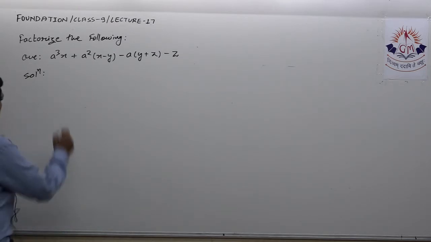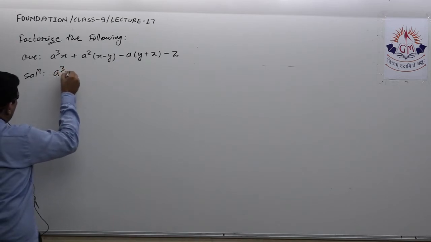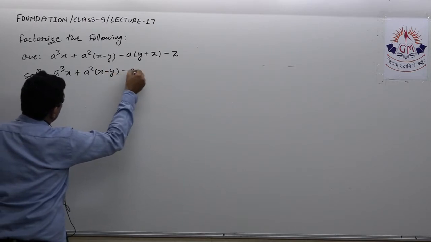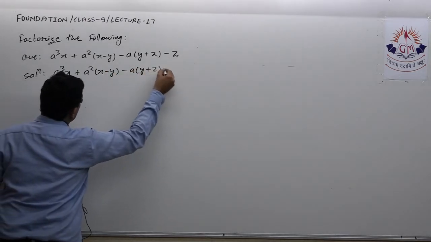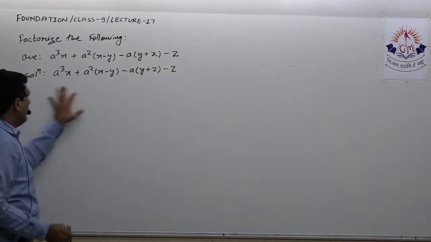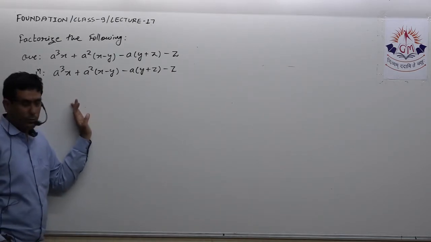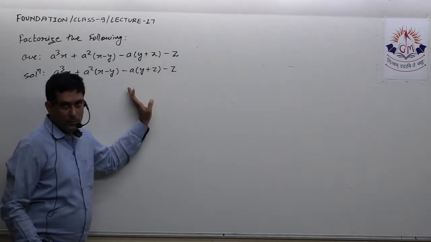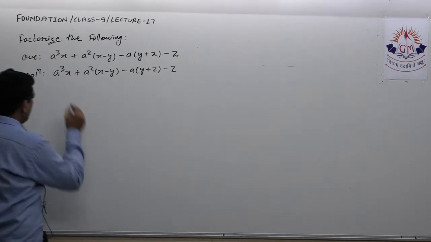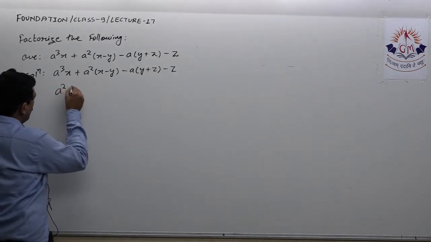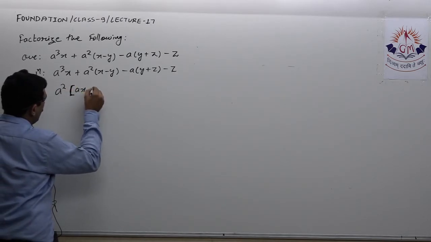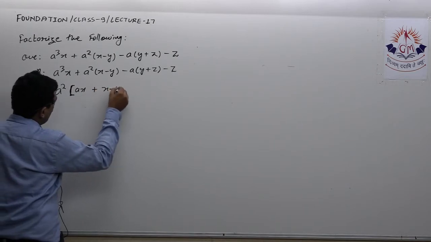Okay, so let us see how to solve this. See, it is possible to take common from the first two. We have common a square from the first two. If we talk about the last two, I can take minus 1 common, nothing else. If I take a square common, here I'll get ax, and here I get x minus y.